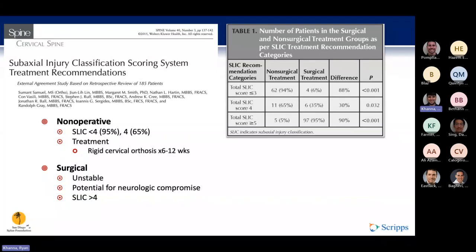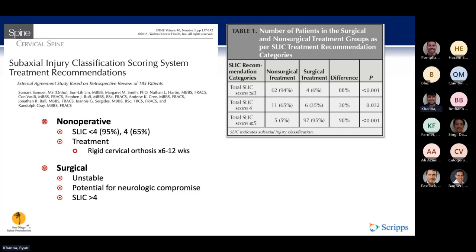Like we can see here, just another slide showing external validation. For this group studied, basically a retrospective review of 185 patients that presented to a level 1 trauma center in Australia, they looked at how those patients' SLIC scores were calculated retrospectively, and wanted to see if they correlated with what the ultimate choice was.